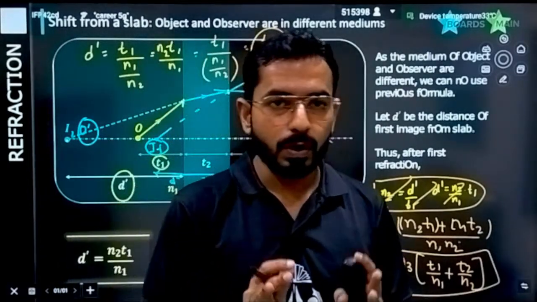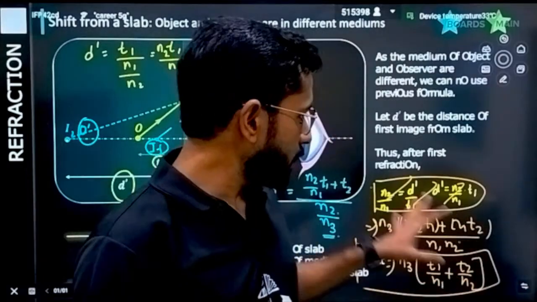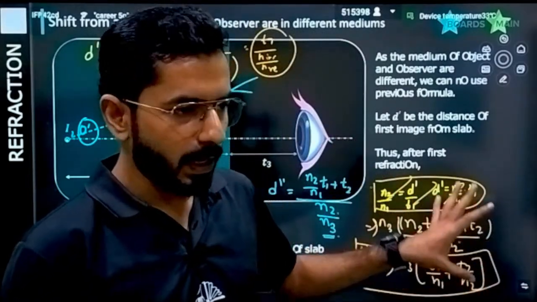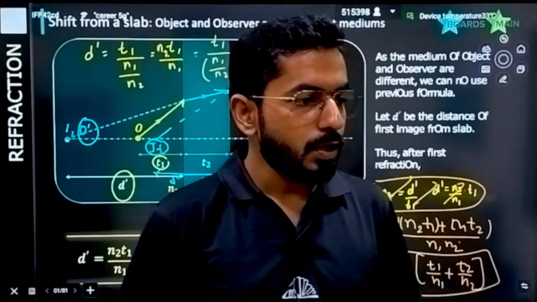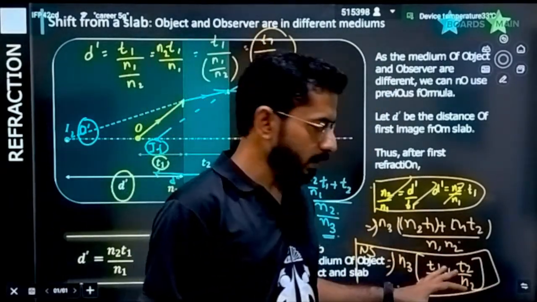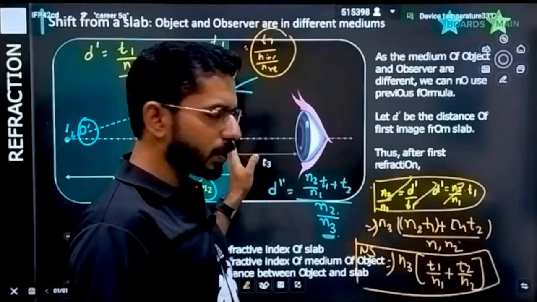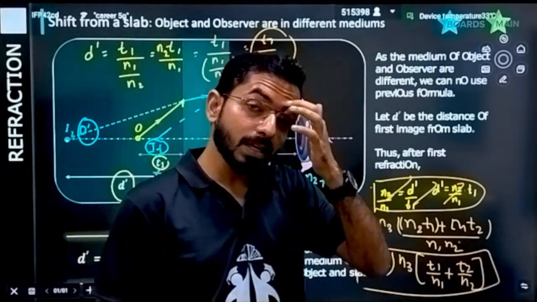If I want to calculate some general things, because all the time I am not going to perform this much of apparent depth calculation, I have to solve it very fast. So I have to create a generalized result, and this is sufficient to create it. Let's suppose not only T2 but T3 and N3, T4 and N4, this kind of number of mediums are there. What will I do?